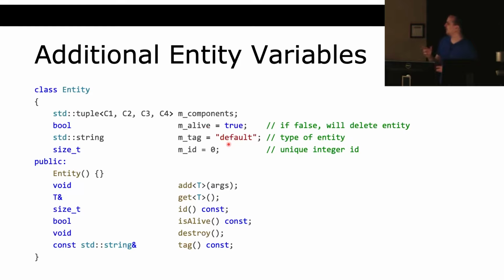Now, I will say right up front, because I always get this question, no, storing a string like this is not the most efficient way of doing it. But it is a completely abstract, arbitrary way of doing it. If you wanted to be maximally efficient, you would create an integer enum and list every possible entity type that you could have in your game.